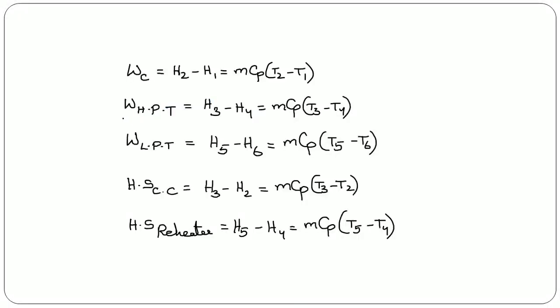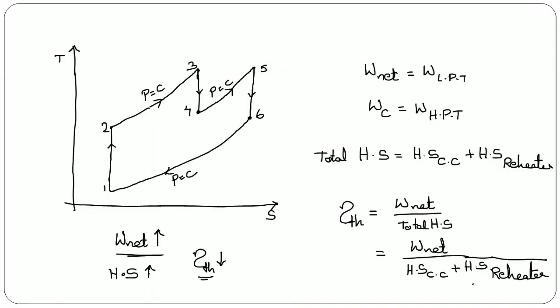Apart from this, we need to also know about what is perfect reheating condition. So coming to this perfect reheating, in order to have perfect reheating, the pressure ratios in both the turbines should be same.